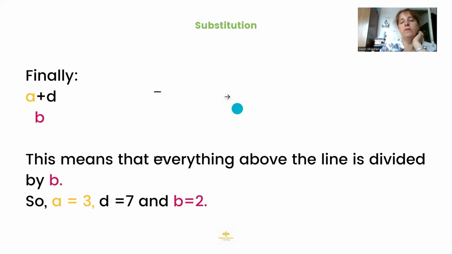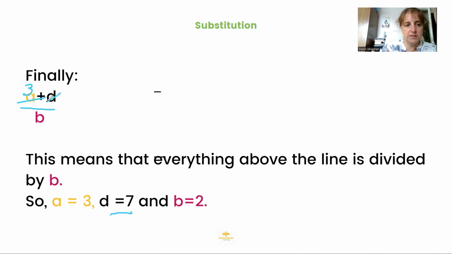Our next example, final example, has a divided by sign. This one means A plus D, and then it's divided by B. So everything at the top, you then divide by the bottom. We know that A equals 3, so we'll make it 3. We know that D equals 7, so we'll make it 7. So 3 plus 7 equals 10.